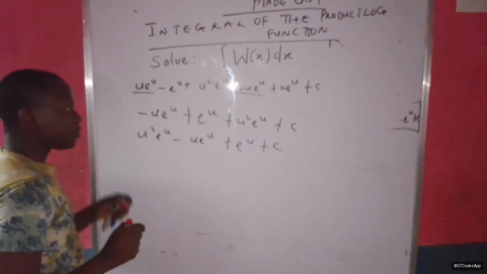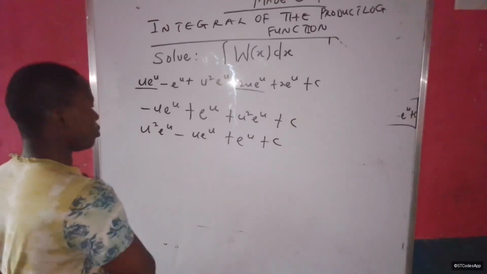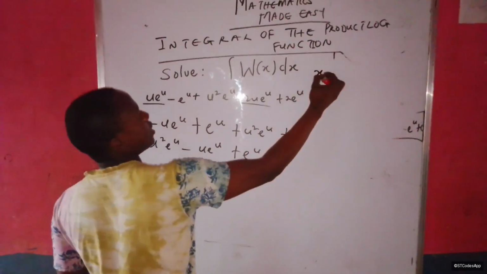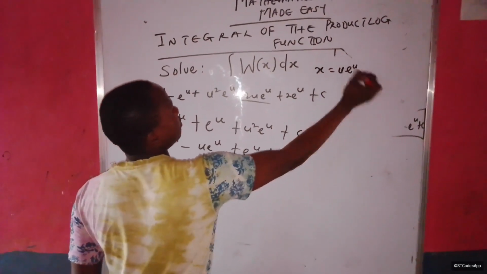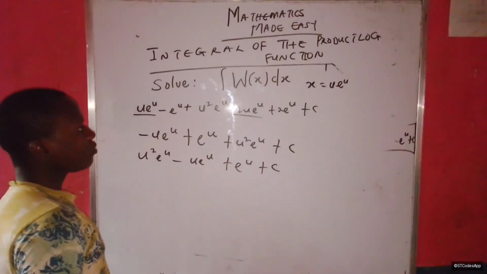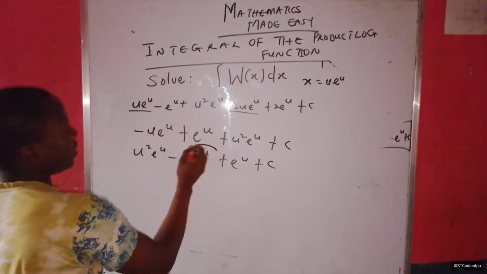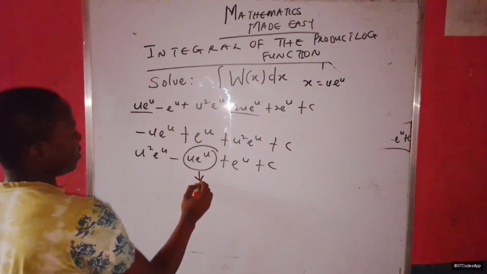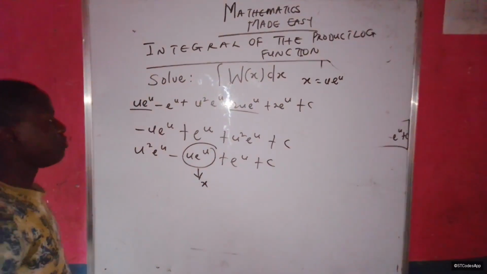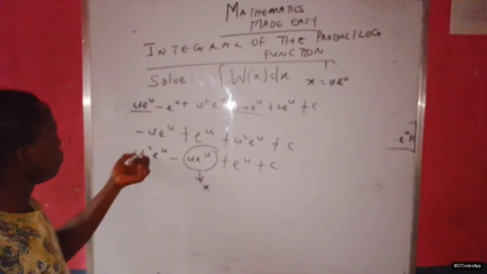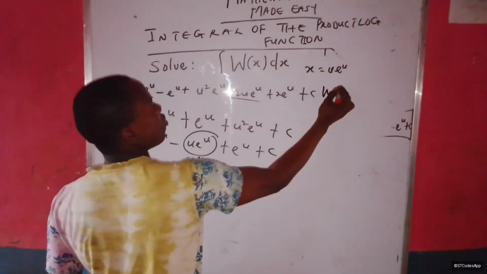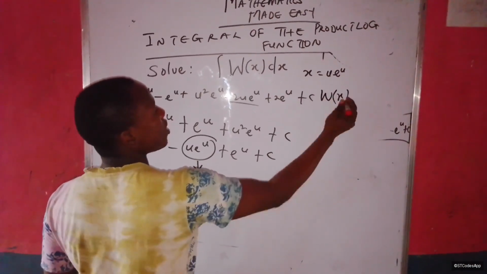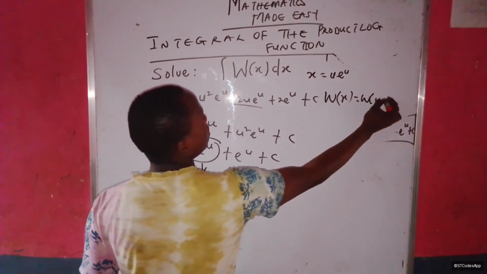But don't forget, from the substitution we did, we said put x to be equal to u e raised to the power of u. Okay? So definitely this will be x. This will be x. But what will be the value of u squared and e raised to the power of u? Now don't forget, if you take the omega of both sides, omega of x is equal to omega of u e raised to the power of u.